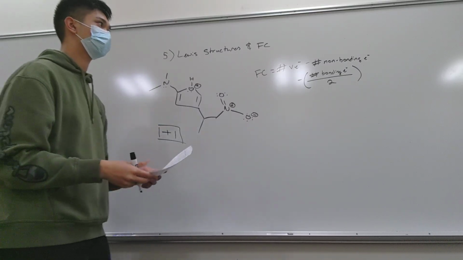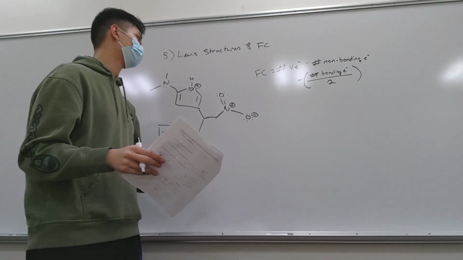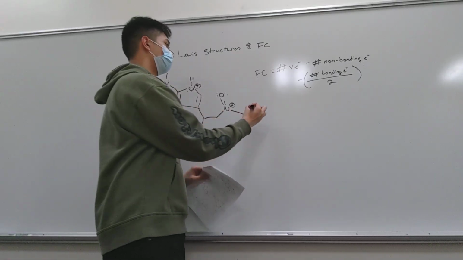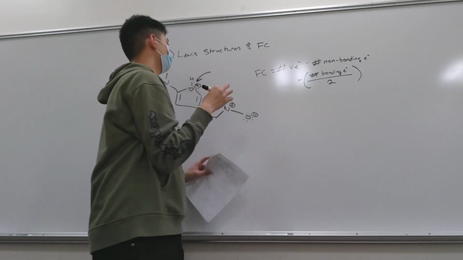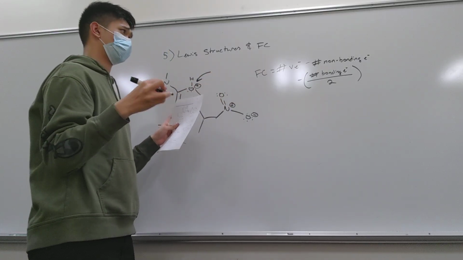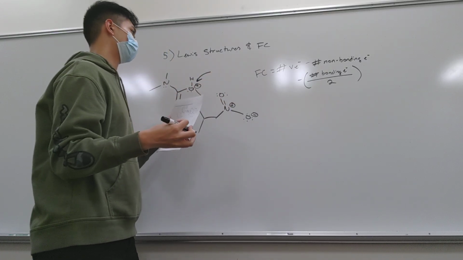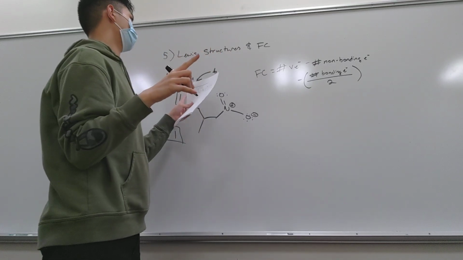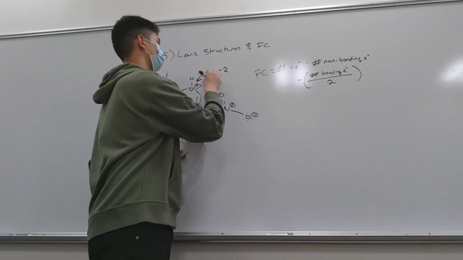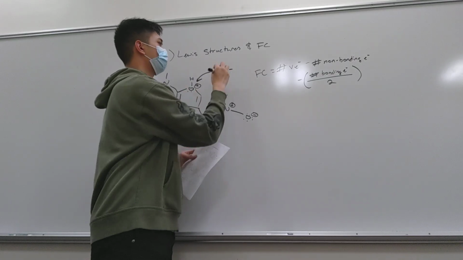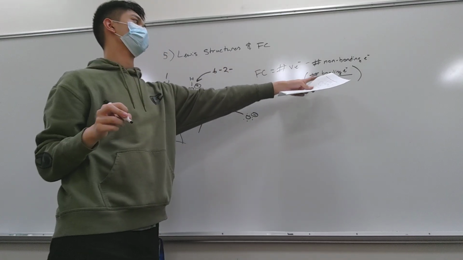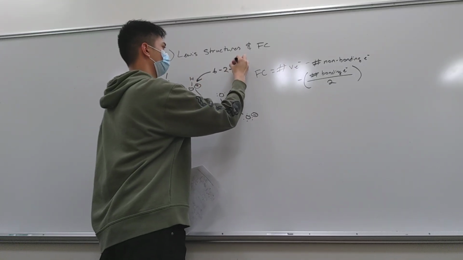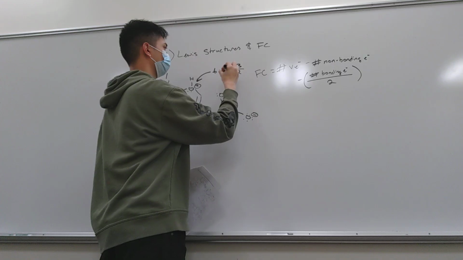If we want to use this little formula right here, let's take, for example, this oxygen. This oxygen has valence electrons of, let's say, 6, right? It has 2 non-bonding electrons, this one pair, minus the bonding electrons. 1, 2, 3, over 2.